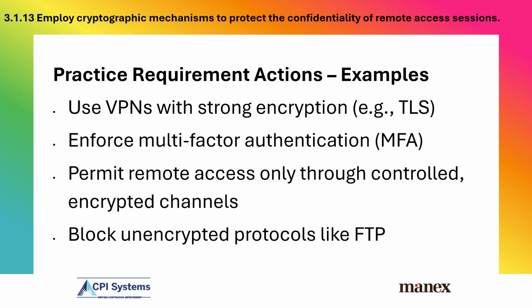These are practical steps. Always use encrypted VPNs, require MFA, and only permit remote access through controlled encrypted channels, while blocking unencrypted remote access. These methods both identify and implement the cryptographic protections required.